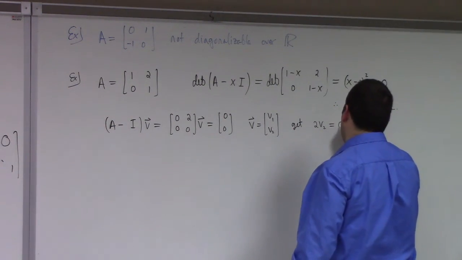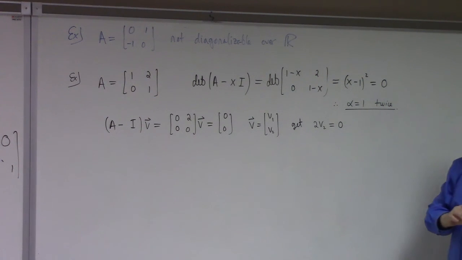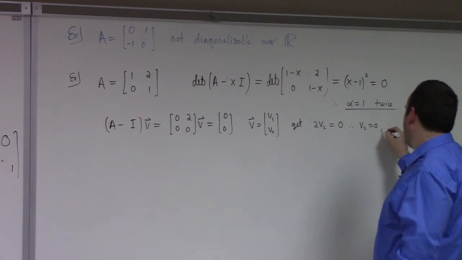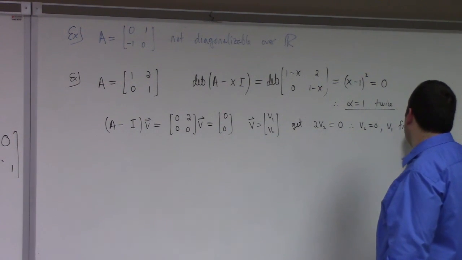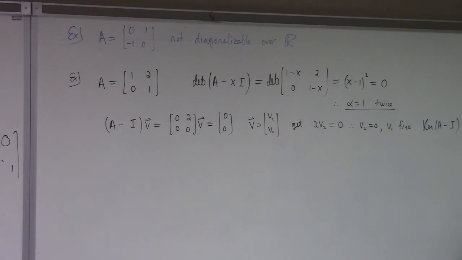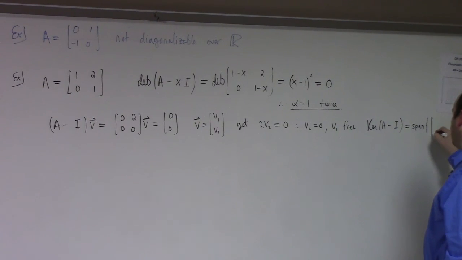We just get 2v2 equals 0, right? So v2 is 0. What about v1? v1 is free. So the kernel of A minus I, which is, by the way, the alpha equals 1 eigenspace, is the span of 1, 0.